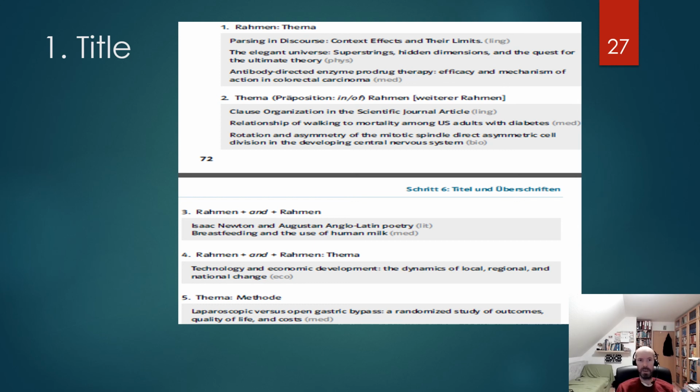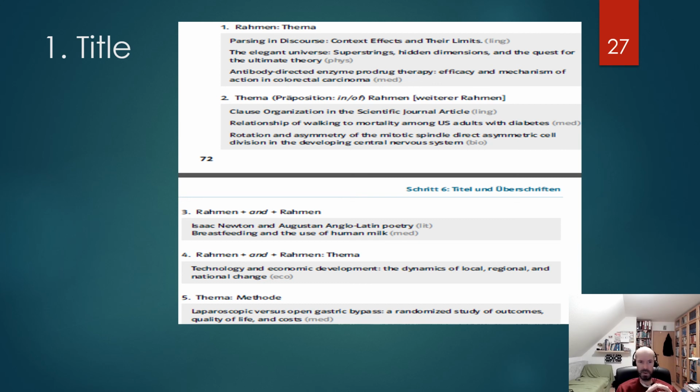A second schema is a theme frame, so the other way around, but of course you then need a preposition to link the two. So for instance, clause organization in the scientific journal article, or relationship of walking to mortality among US adults with diabetes, or rotation and asymmetry of the mitotic spindle direct asymmetric cell division in the developing central nervous system.